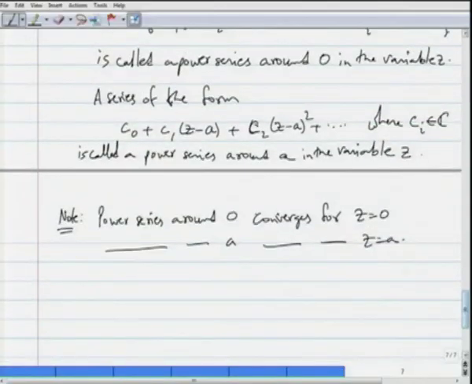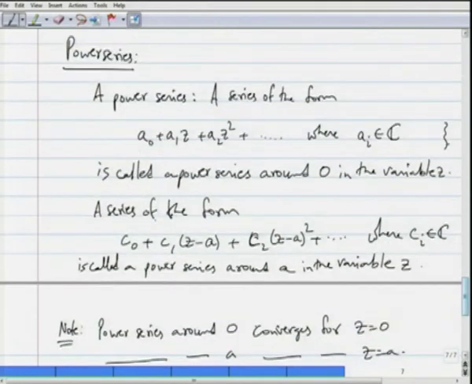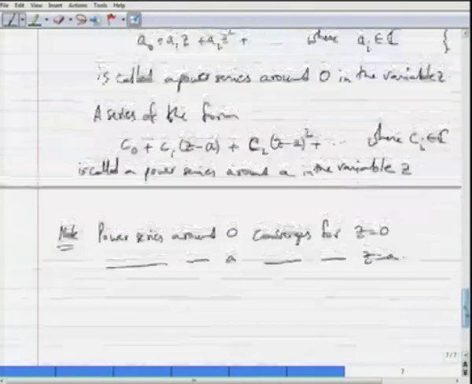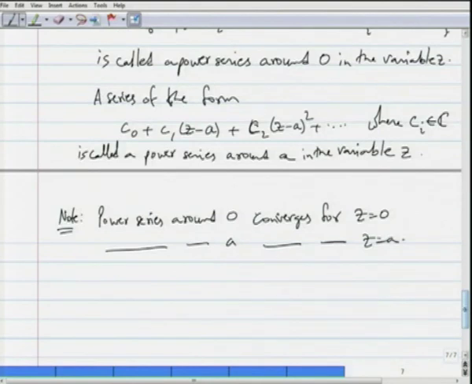But more is true depending on the coefficients A naught or C naught in either of these cases. So, we will see what happens.